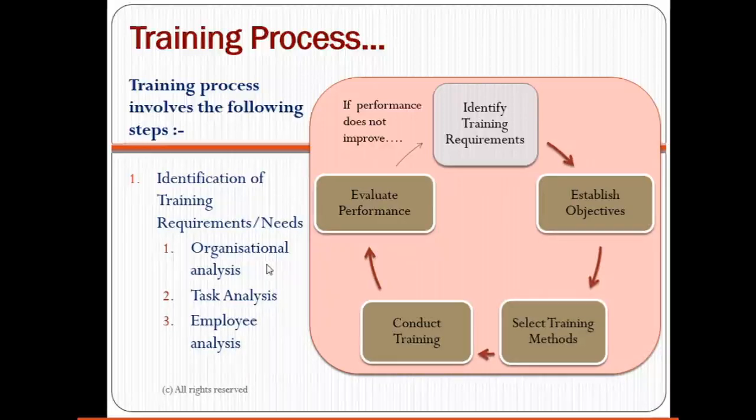In organizational analysis, the purpose of training is to increase organizational effectiveness. Hence, training pertaining to proper utilization of resources, training pertaining to commitment towards organizational goal, conscientiousness, etc. is being provided in this category.